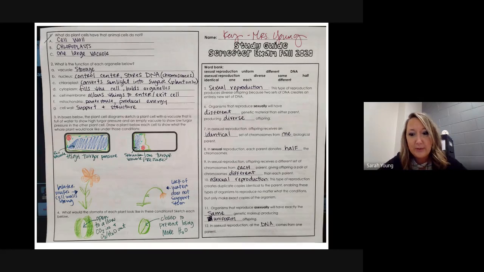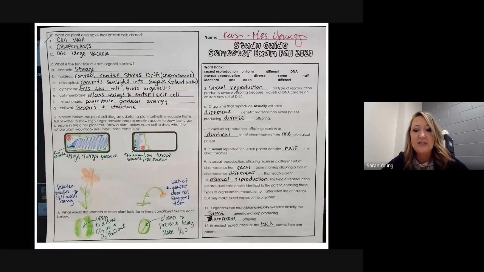So in sexual reproduction, that's the type of reproduction that produces diverse offspring because you have 2 different sets of DNA to create an entirely new set of DNA. Organisms that reproduce sexually will have different genetic material than either parent, producing diverse offspring. So you're going to see those words diverse on your test. So I wanted to make sure that you guys understood that that was sexual reproduction when you see diversity.